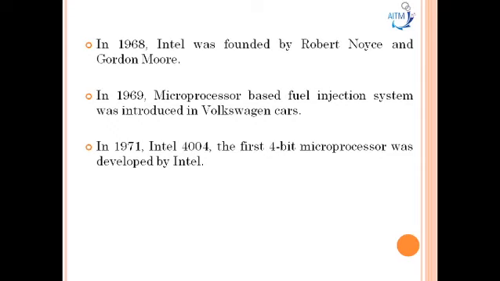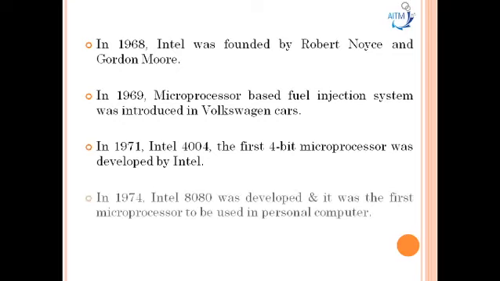In the same year, the TMS 1000, a 4-bit microcontroller, was developed by Texas Instruments. Further, in 1974, the Intel 8080 was developed, and it was the first microprocessor to be used in a personal computer.